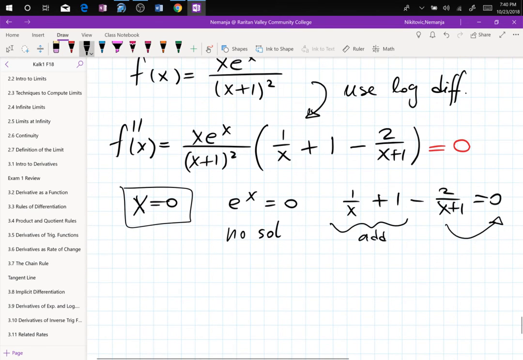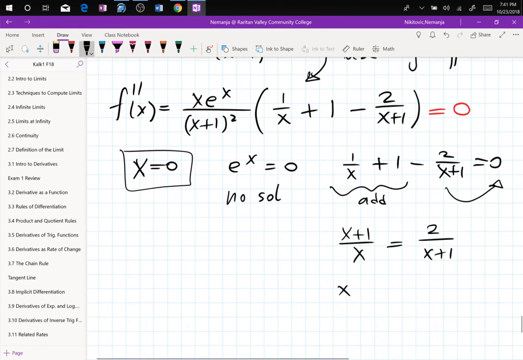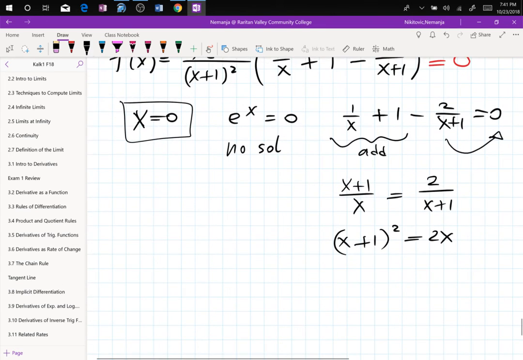When you add the first two, you will have x plus 1 over x. Move this one to the other side to get 2 over x plus 1. Cross multiply into x plus 1 squared equals 2x. Expand this into x squared plus 2x plus 1 equals 2x. x squared plus 1 equals 0, no solution.